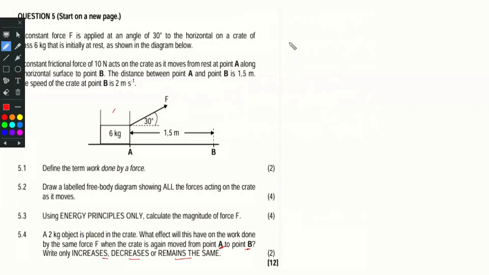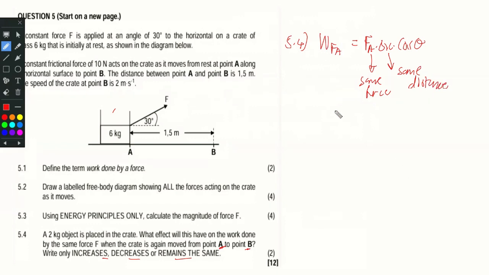Now, I want you to check this. Work done by the force applied breaks down to what? The force applied, delta X, and then cos theta. This has nothing to do with the mass. If I'm applying the same force, and I'm also moving it over the same distance or displacement, then definitely the work done by that force applied must remain the same, because the fact that they added on the mass does not change anything.